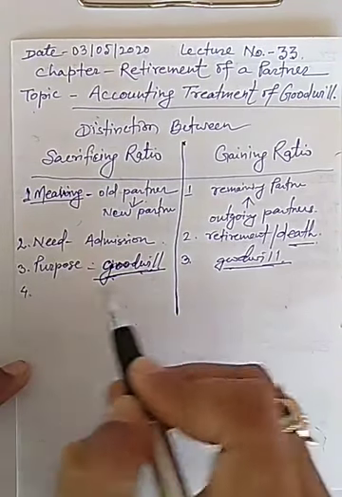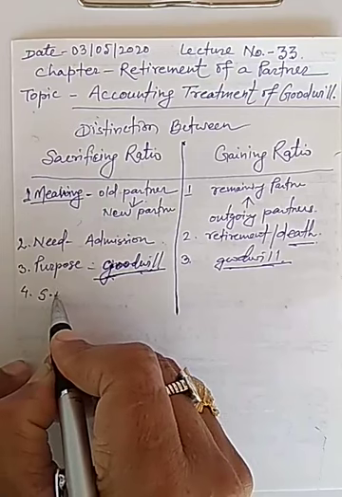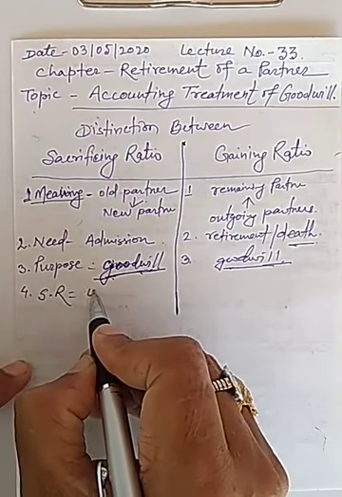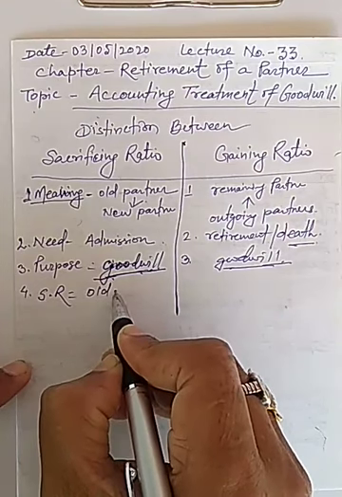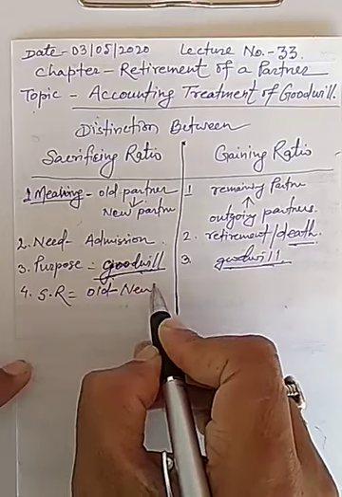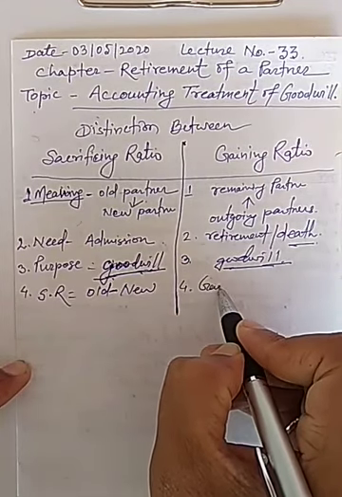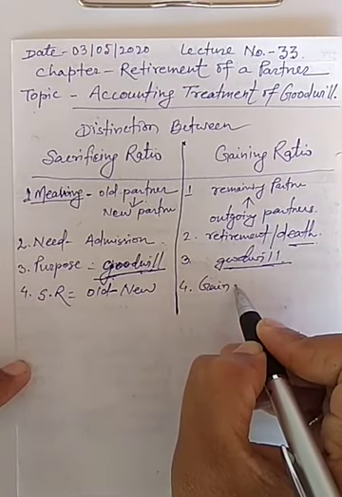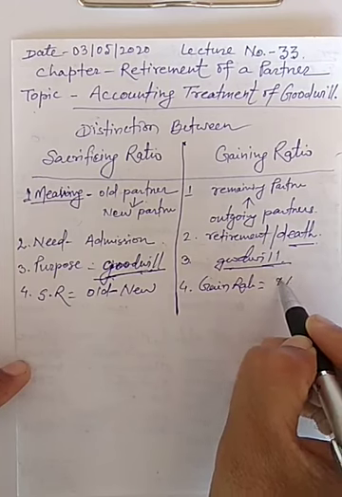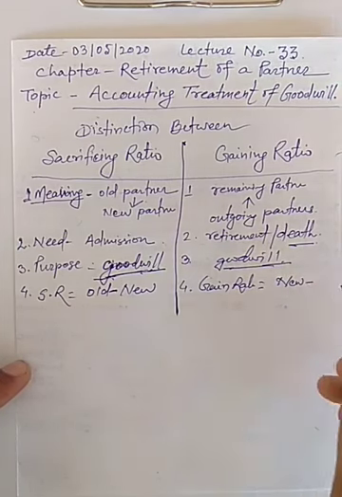And fourth point, I can say sacrifice ratio formula will be old share minus new share, but gaining ratio formula will be new share minus old share.